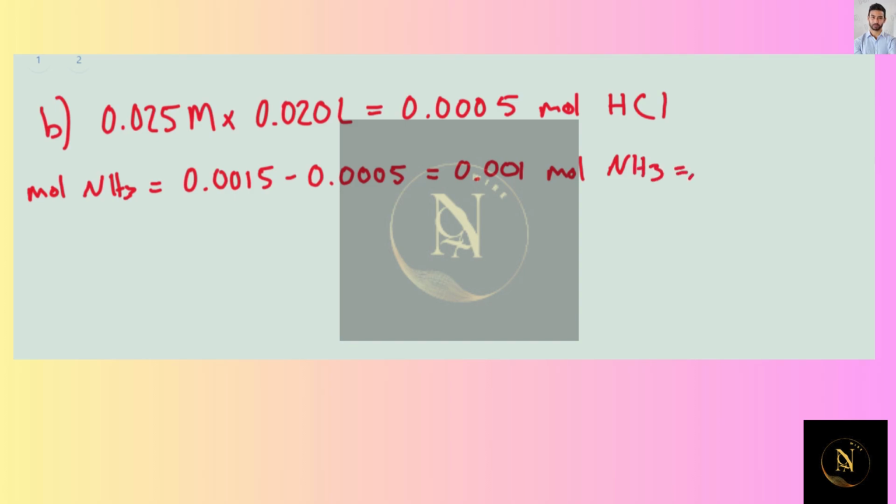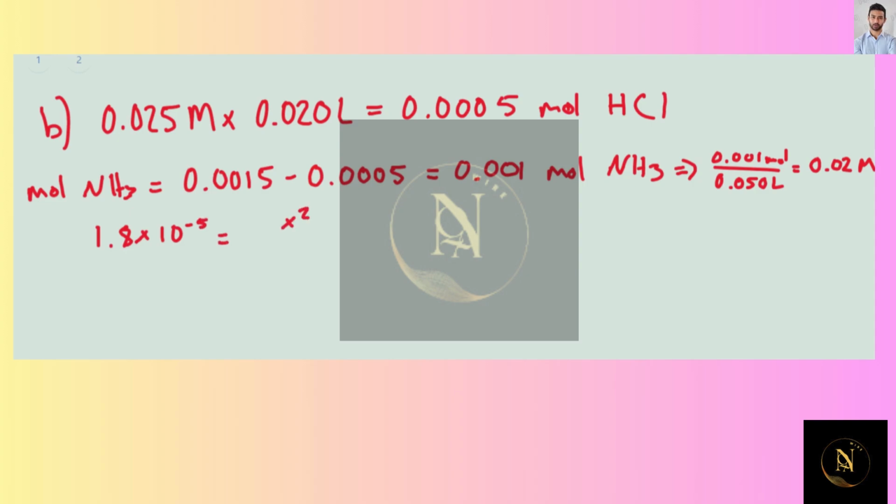So we can go ahead and calculate a concentration from this by dividing by our new volume, which is 50 milliliters. And we get 0.02 molar. And then we change our expression for Kb to be equal to 1.8 times 10 to the minus 5.